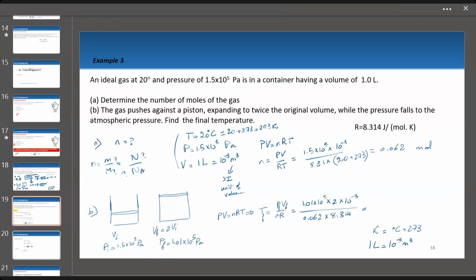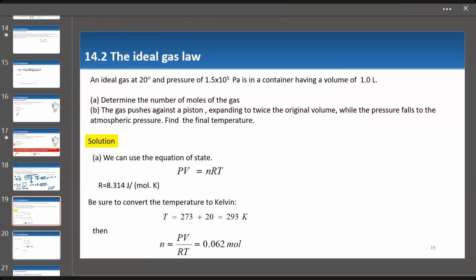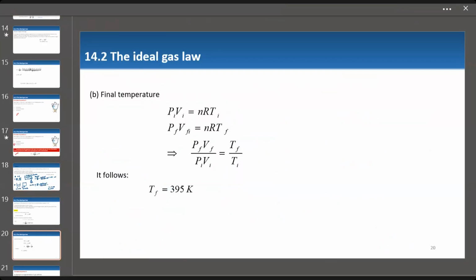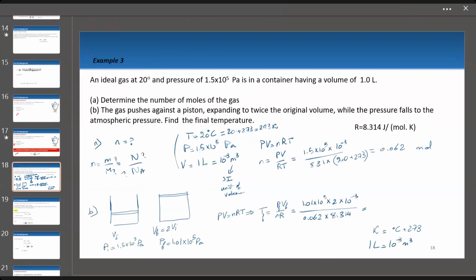I can calculate the final temperature. This will be 395 Kelvin. I can find this temperature in degrees Celsius, and I can leave it as it is in Kelvin. That's totally fine, up to you.